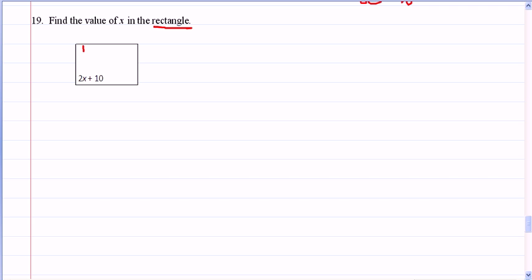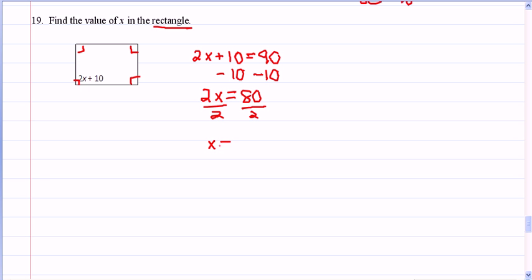We know that the angles of a rectangle are all right angles, so that means that this angle of 2x plus 10 is equal to 90 degrees. So to find the value of x, I subtract 10 from both sides, and I get 2x is equal to 80, and then divide both sides by 2, so that x is equal to 40.